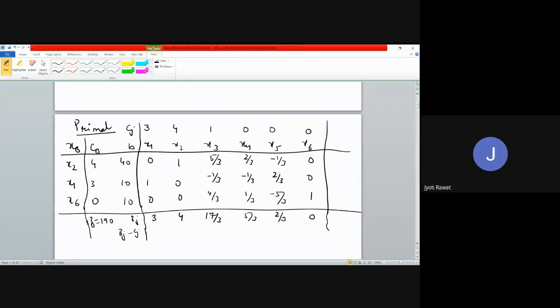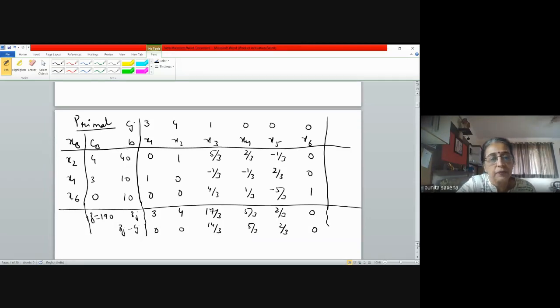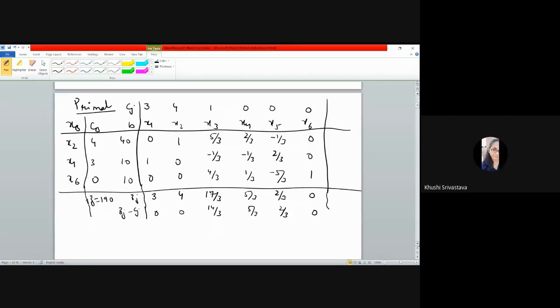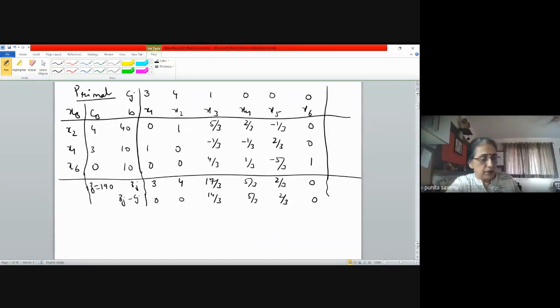And your ZJ minus CJs were 0, 0, 14 by 3, 5 by 3, 2 by 3 and 0. Am I correct or not? Yes, ma'am. This is your optimal table for your primal problem, which amounts to saying that this is the optimal solution for the primal.